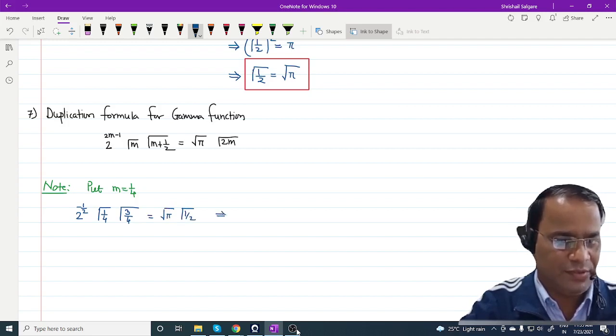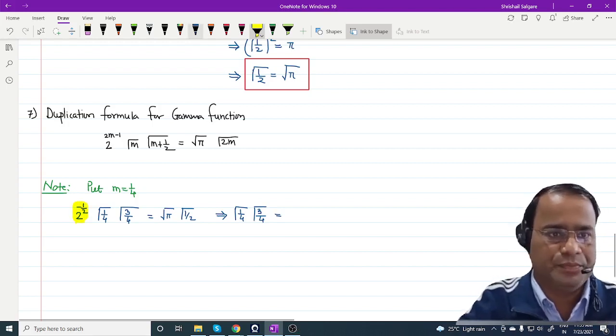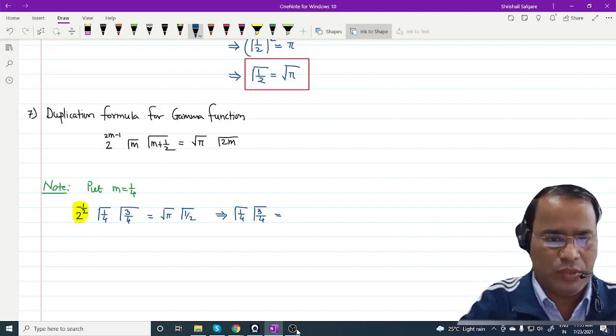Now, if you simplify, gamma of 1 by 4 into gamma of 3 by 4 is equal to, this term I will take to the right side, then the power becomes positive. So it becomes 2 raised to 1 by 2 into root pi as it is, and gamma of 1 by 2 is again root pi.